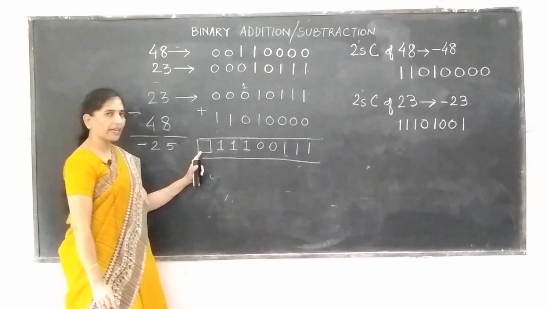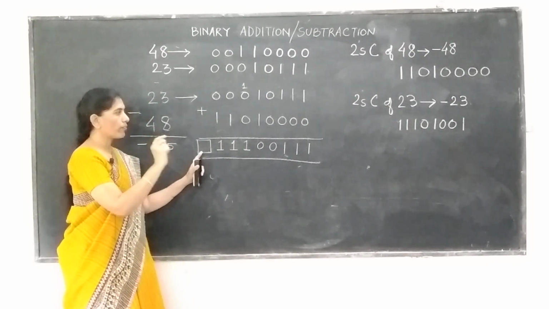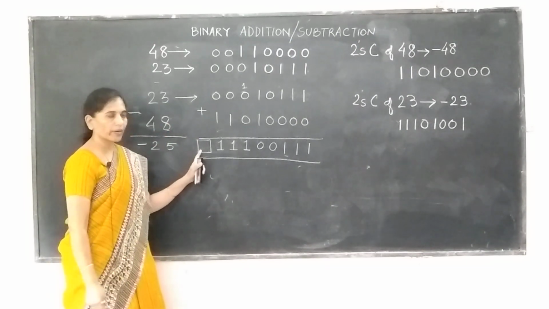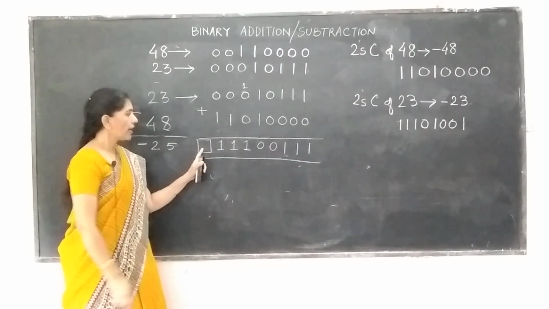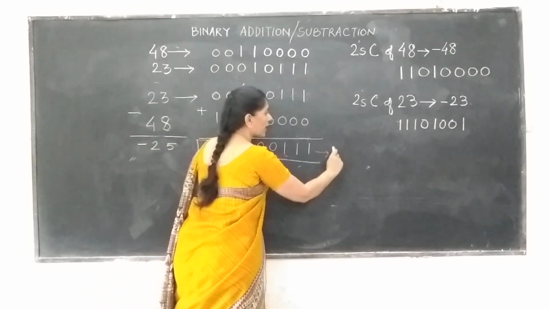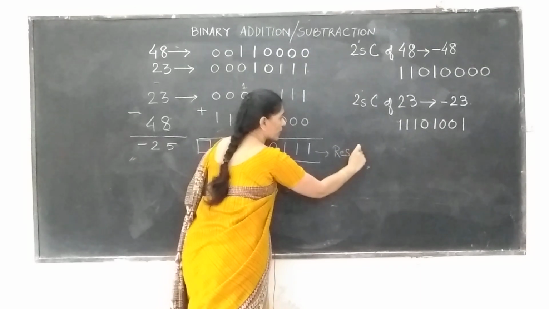Now if that is the case, that means we are adding one positive number and one negative number with the representation of 2's complement and no carry is generated, then it indicates that this particular result is a negative result.